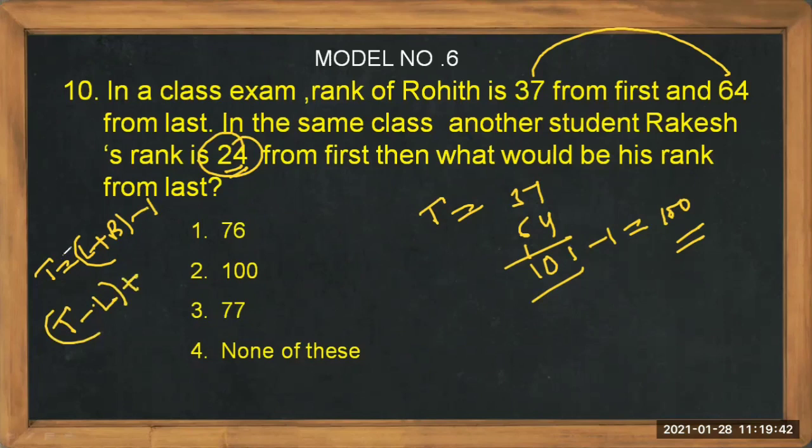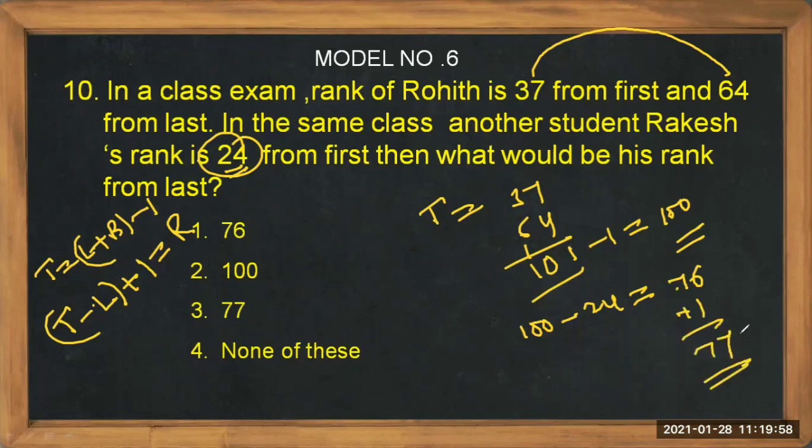By sending the minus 1 to the other side, we get plus 1, that is equal to the rank from the last. So 100 minus 24 is 76, and plus 1 is equal to 77, which is Rakesh's rank from the last.